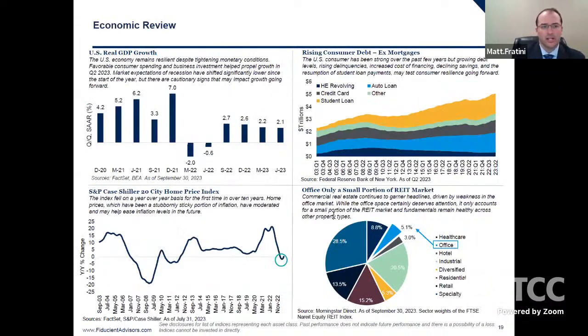Then lastly, just on page 19, upper left-hand side of the page, looking at US real GDP growth, you can see when we came out of those back-to-back negative quarters, we've had very stable growth throughout these timeframes, whether it be the last year, and then also looking at the print that we just had come out over the last week, very strong results again, beating expectations also.